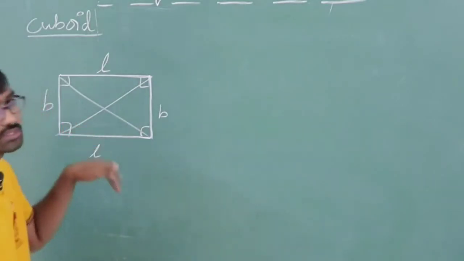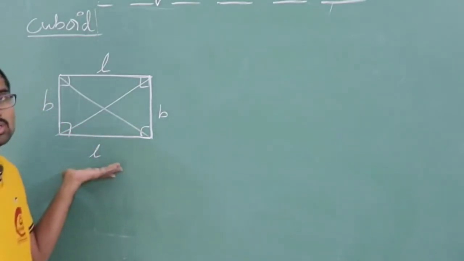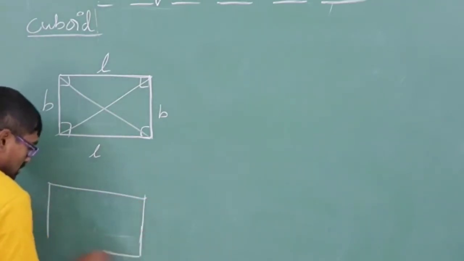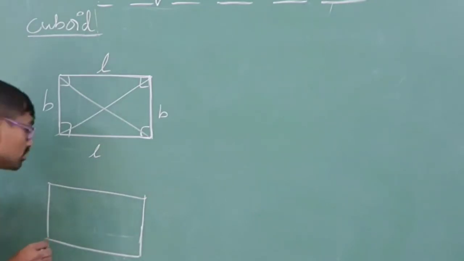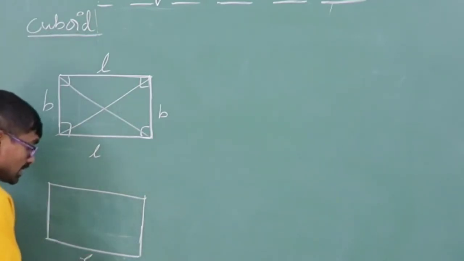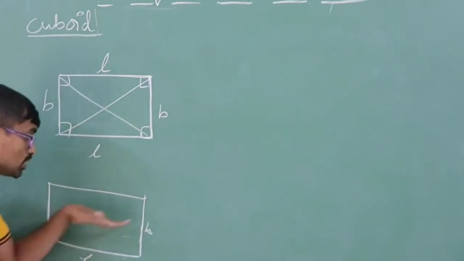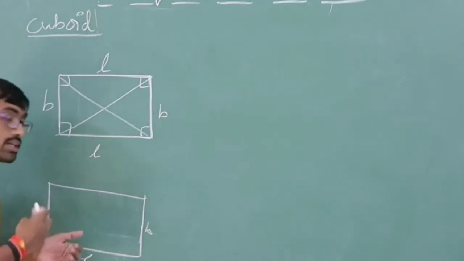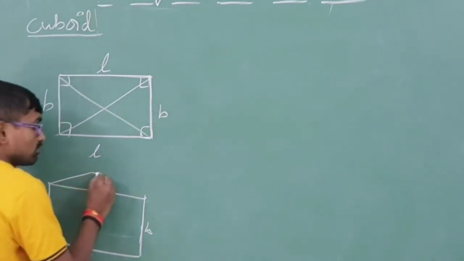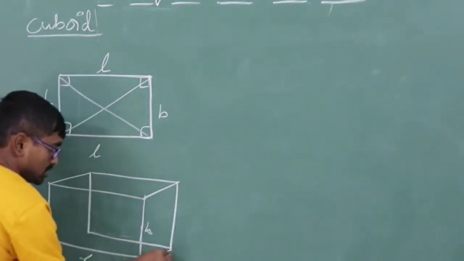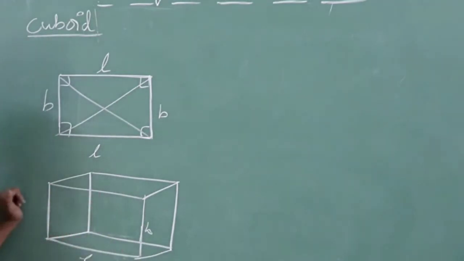Now coming to the cuboid. A cuboid is the three-dimensional figure of a rectangle. A rectangle has two elements, length and breadth. If I add one more dimension, it is converted into three dimensions, forming a cuboid.